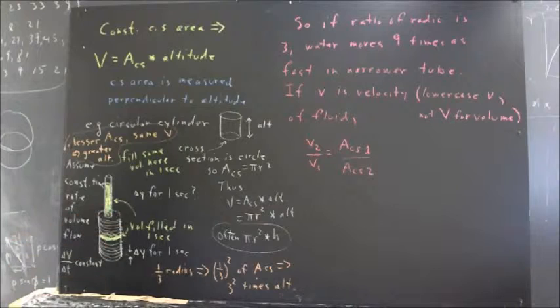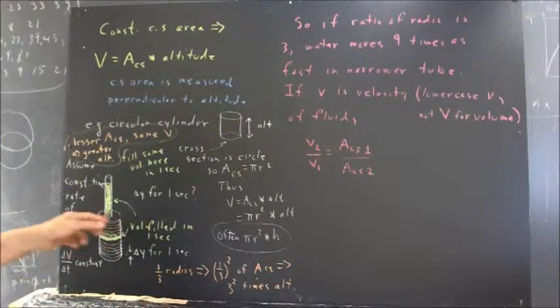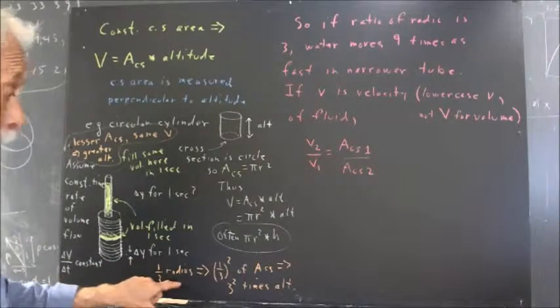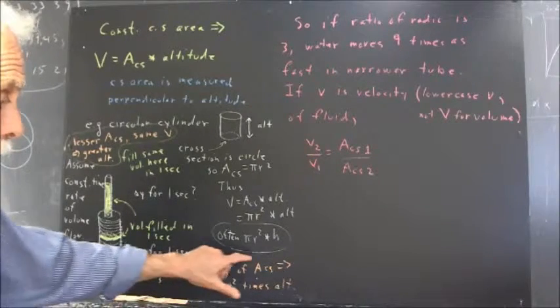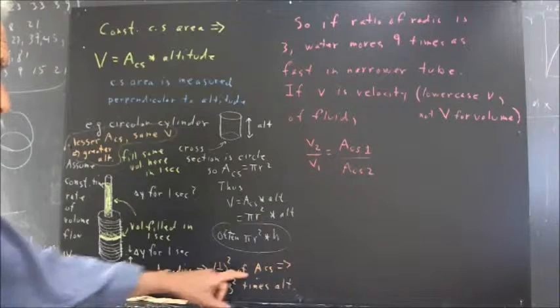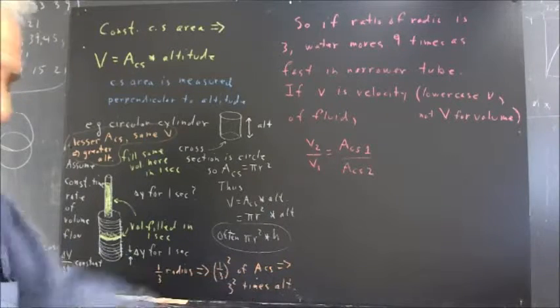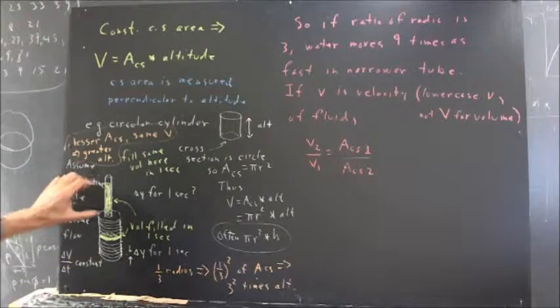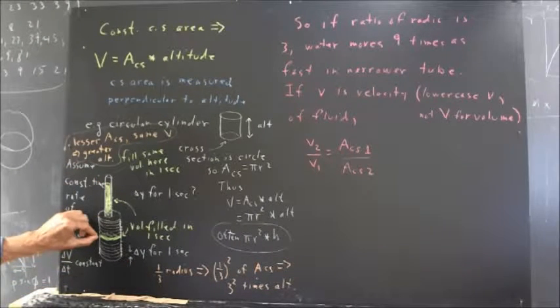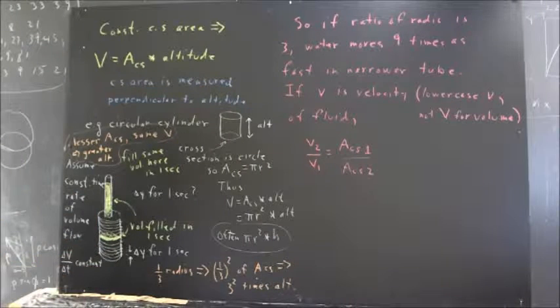So in this picture, it looks like we narrow by a factor of about 3, so we have 1/3 the radius, giving us 1/3 squared of the cross-sectional area, which implies 3 squared times the altitude, or 9 times the altitude. So we need that much change in altitude to match this much change in altitude down here. Okay, that's a very important idea.